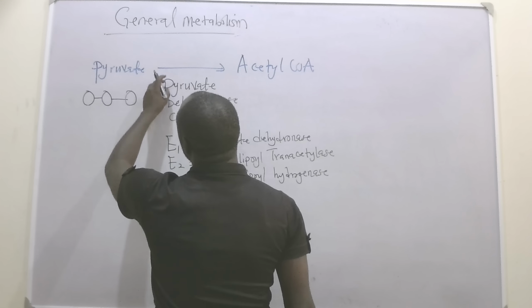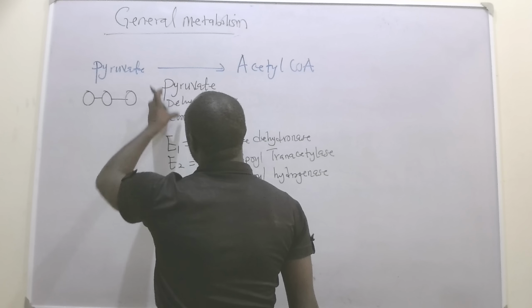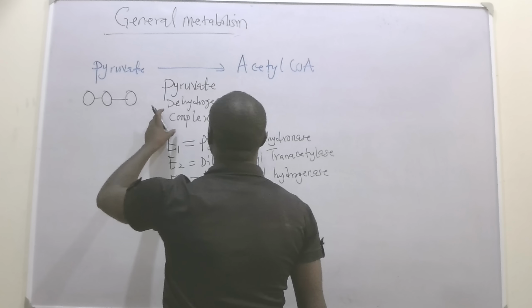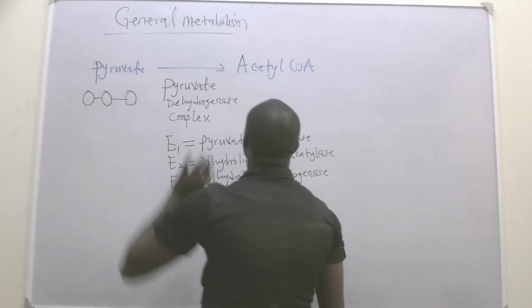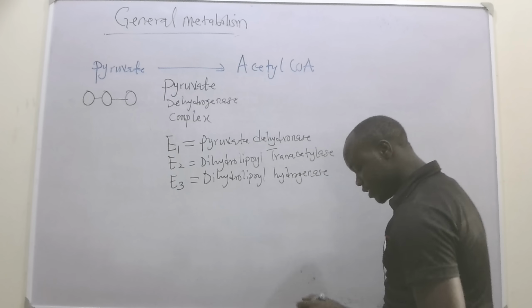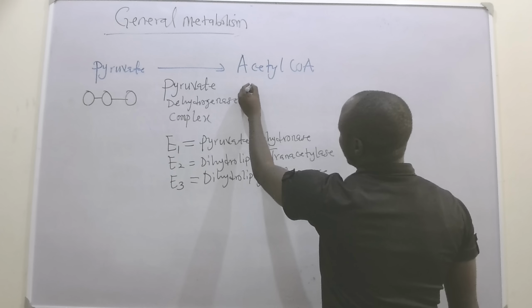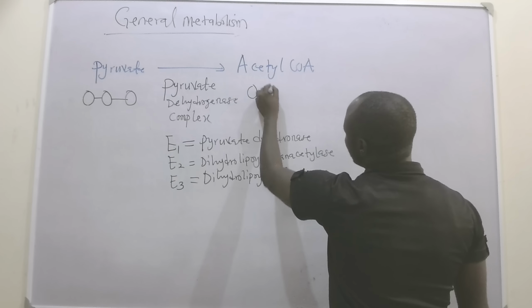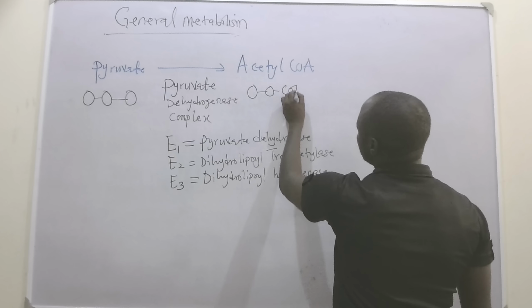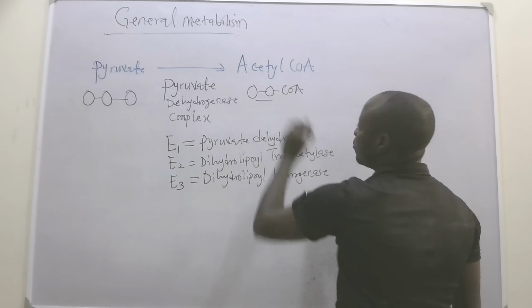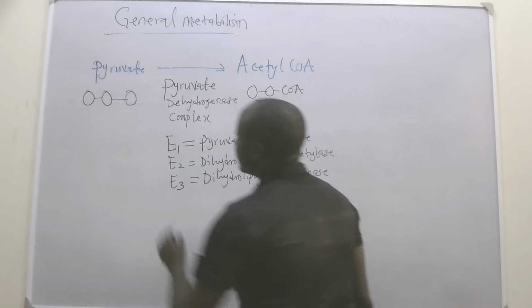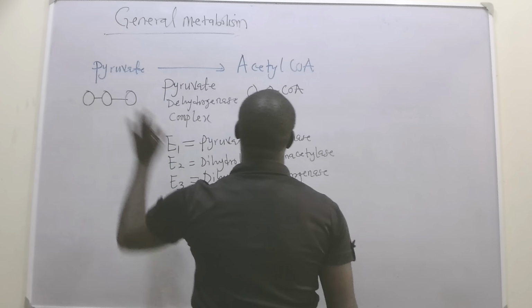So when these pyruvate dehydrogenase complex enzymes act on the pyruvates, then an acetyl-CoA is generated, and acetyl-CoA is a two-carbon compound, while the pyruvate is a three-carbon compound.